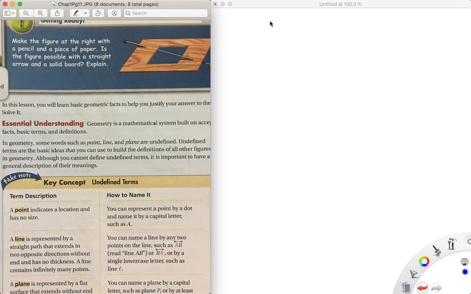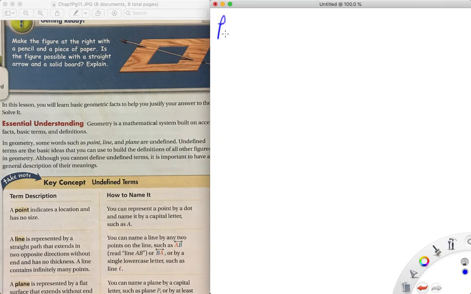So, in terms of a point, the only thing you need to know is that it's a location device, right? How can we differentiate one thing in space from another? We have this guy and we have this guy. How can I tell these two guys apart in space?